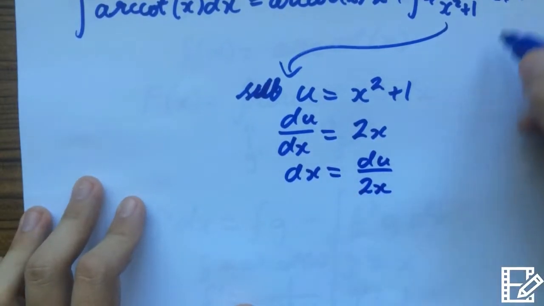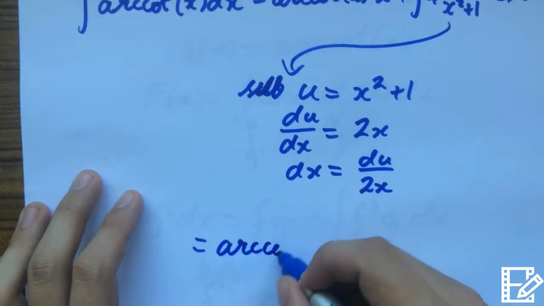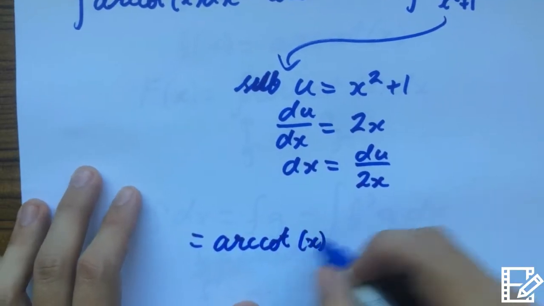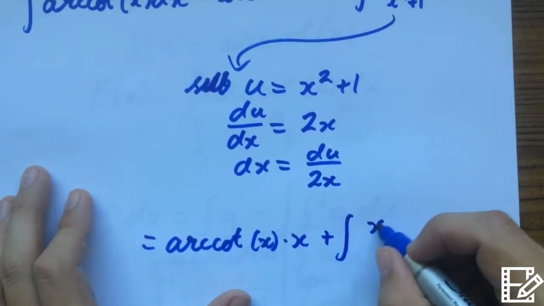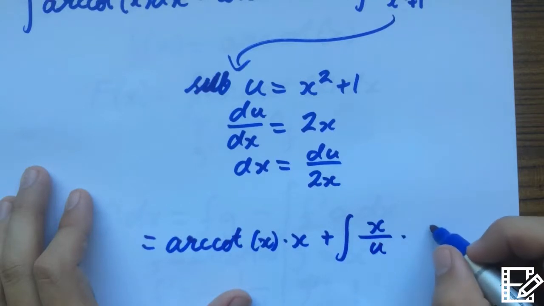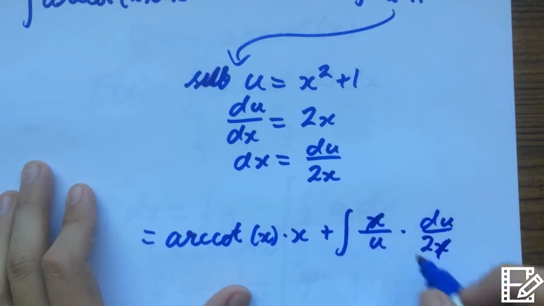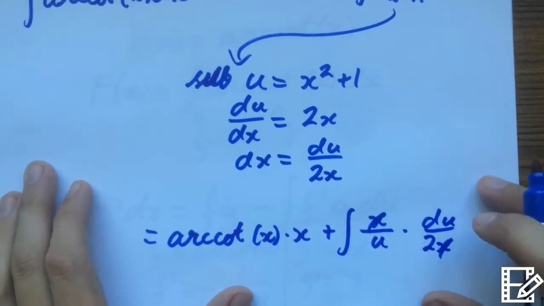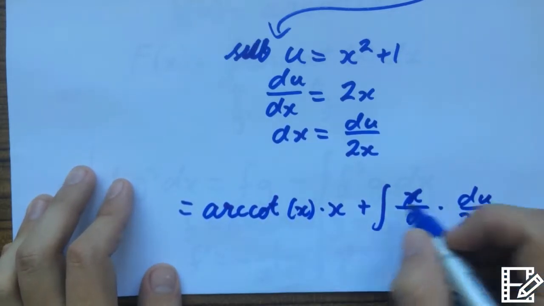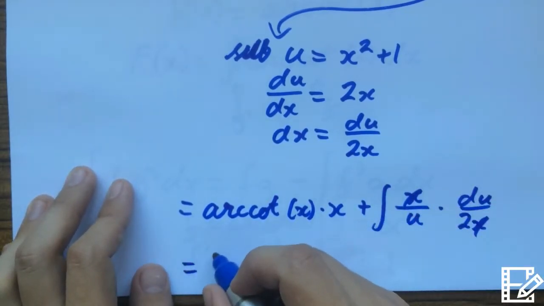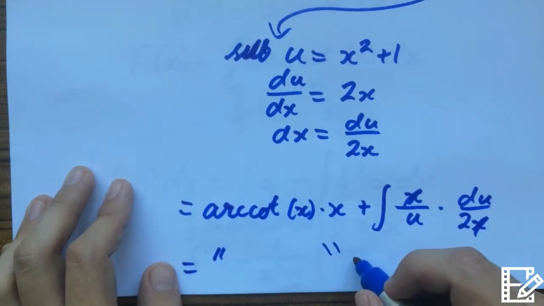So we're going to sub this back in up here. So we still got arccot of x multiplied by x plus the integral of x on u multiplied by du on 2x. So we can get rid of this x, get rid of that x, and we're left with a 1 over 2 multiplied inside. So we're going to bring that out the front, and I'm just going to put quotation marks to signify above, because writing it is a pain.